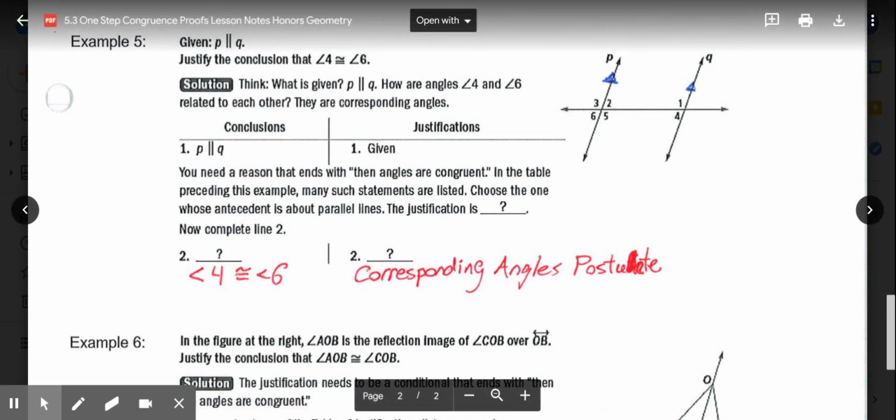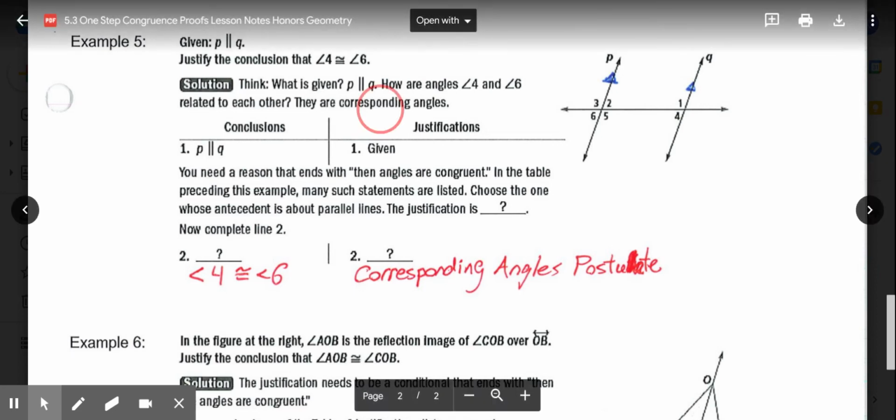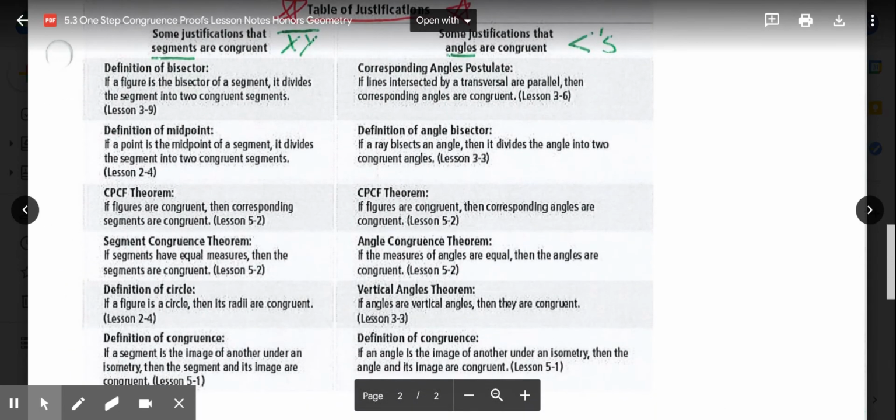So in this case, we would need a reason that tells us angles are congruent, and we'd want to think about which relationship. So the beginning part comes from us knowing these are corresponding angles. What in our table tells us corresponding angles are congruent?